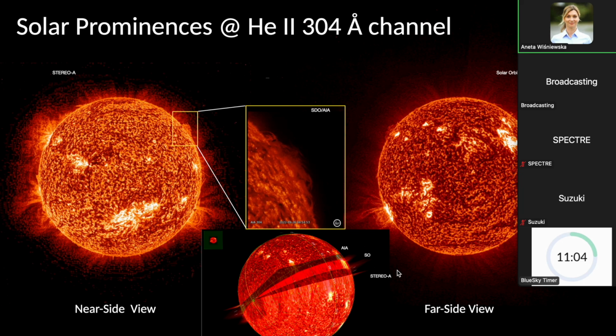So this means it mostly captures emission from the transition region and the lower solar corona. And the 304 line is optically thick in prominences, so radiation doesn't penetrate deeply. Most of the helium-2 emission comes from the outer layers, while deeper regions remain kind of hidden.